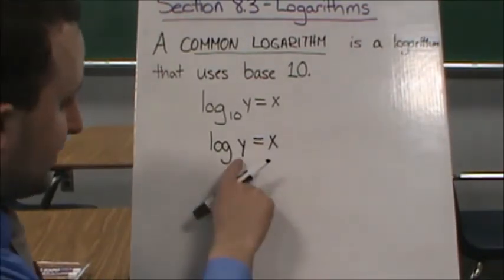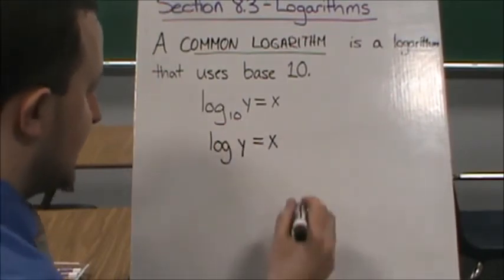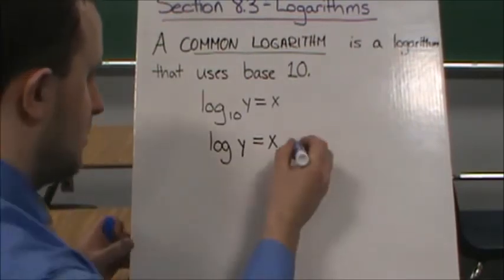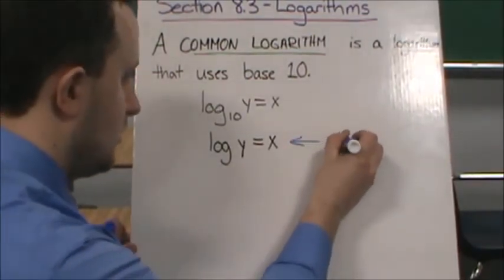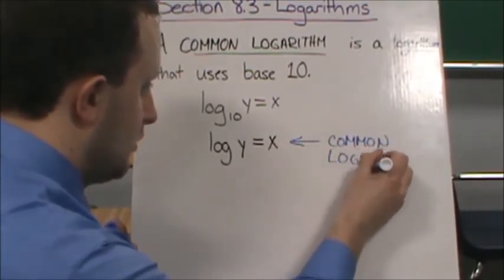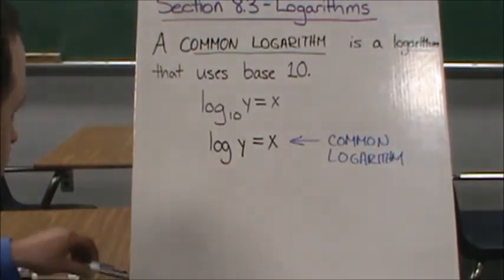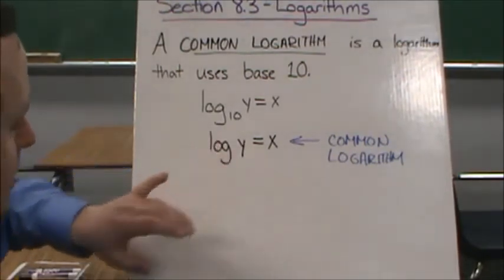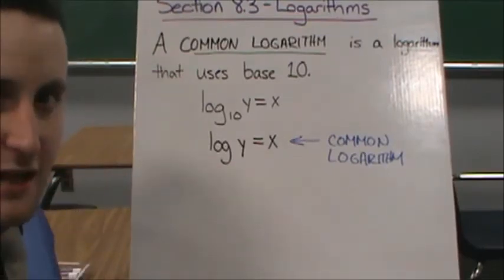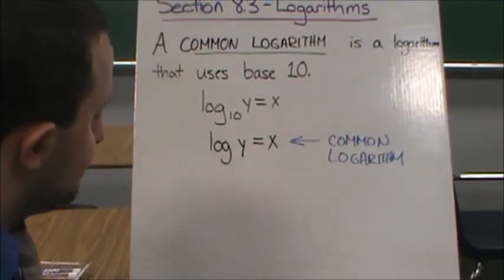When we see something like this, we understand that the base is automatically 10, and that we'd be working with a common logarithm. That's the only case where you can omit the base, when the logarithm is using base 10. Otherwise, you would have to show what base it is, whatever your b value is.